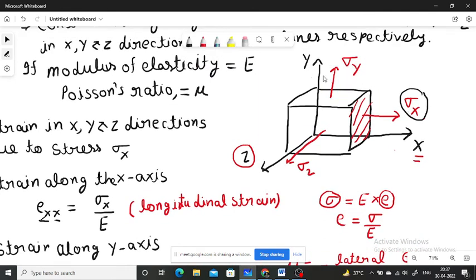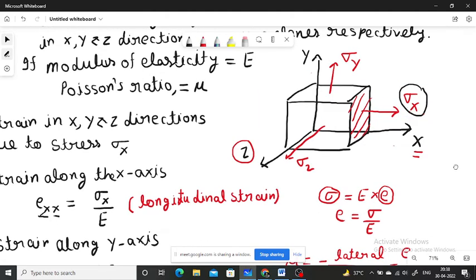Okay, so the strain along the y-axis due to the sigma y will be the longitudinal strain, because the change in the dimension or strain is calculated parallel to the direction of stress.